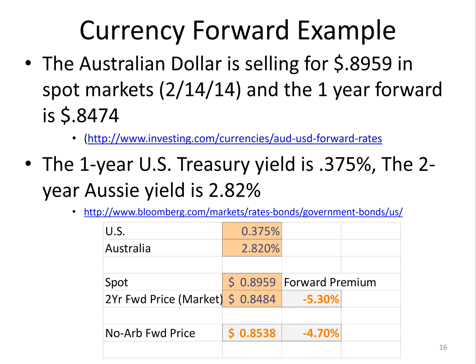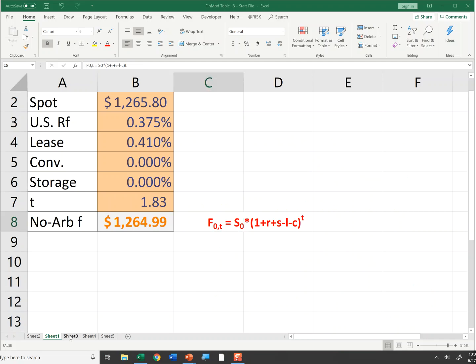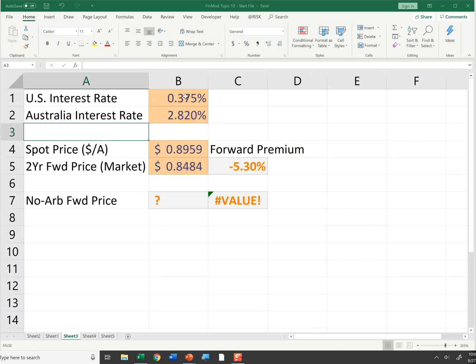And I did an example here of the Australian market. The 2-year US interest rate was 37.5 basis points. The Australian interest rate at that time was 282 basis points. The spot price of the Aussie in direct quotes was 89 cents.